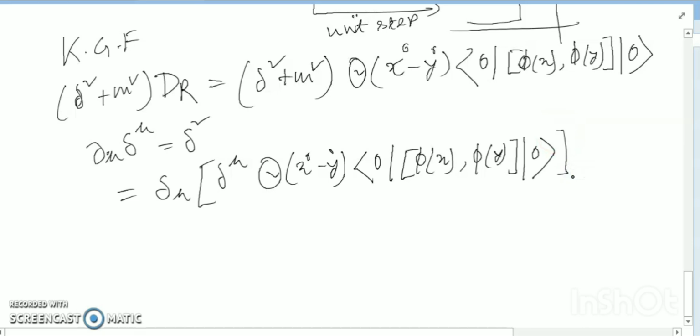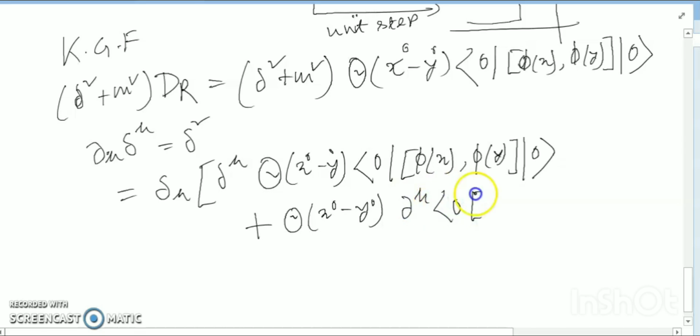It can be written another way: theta x0 minus y0, del mu, the vacuum sandwich phi x comma phi y is 0.